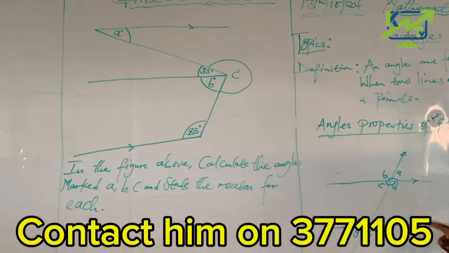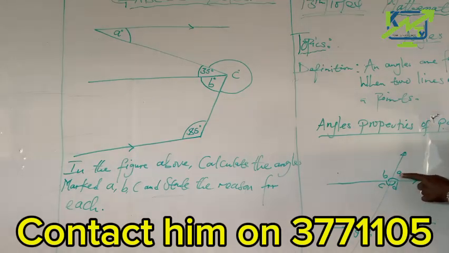So if we look at this, we have A, B, C, D, E, F, G, H. They are all forming angles. Now we are going to look at which angles are equal. Let's look at it.